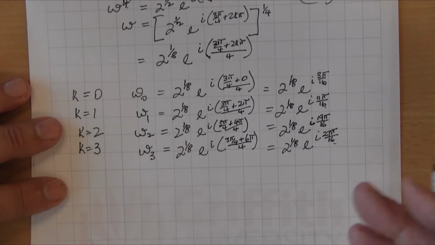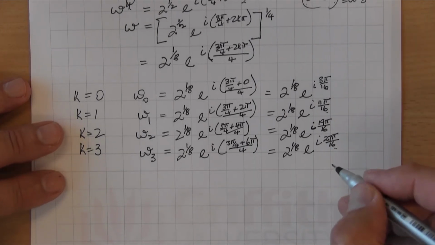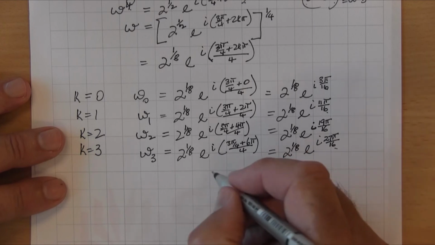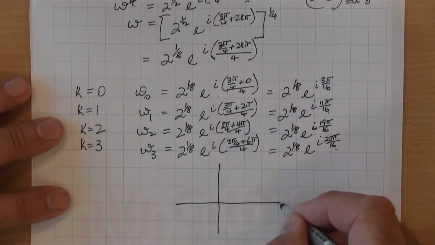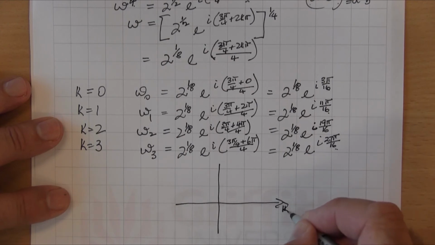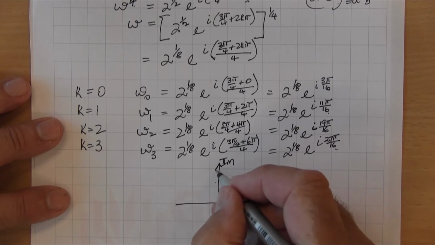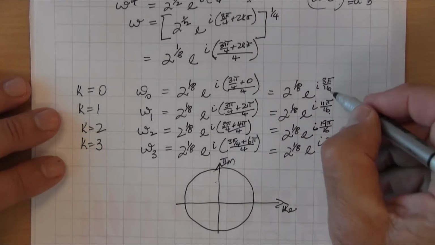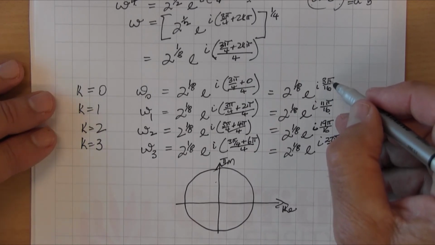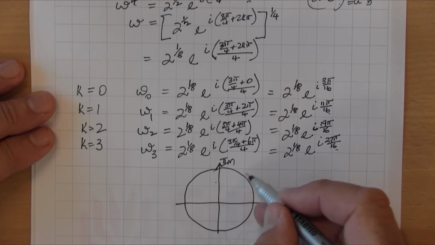2 to the power of 1/8 is approximately 1.09. So we'll quickly draw an Argand diagram. Real, imaginary axis. We'll draw a circle. 3 pi on 16 is, well, if it was 4 pi on 16, it would be exactly halfway.